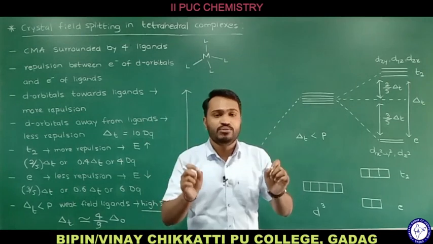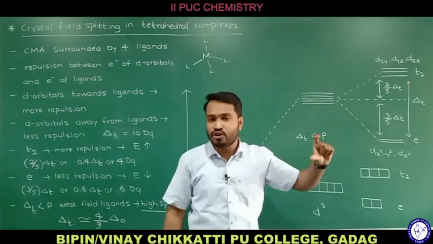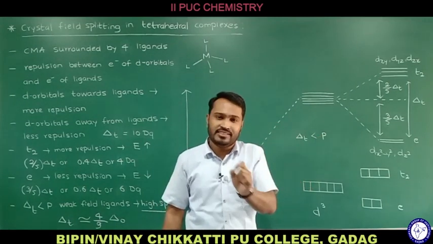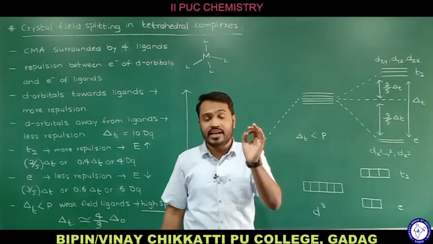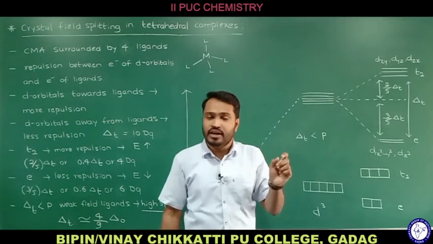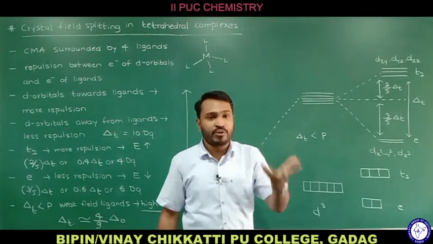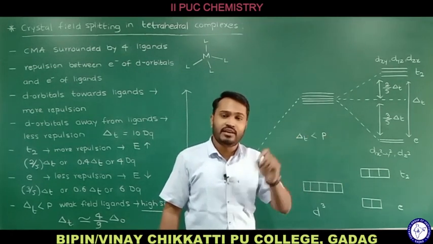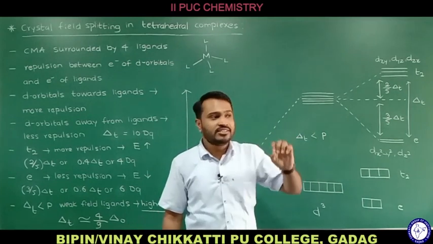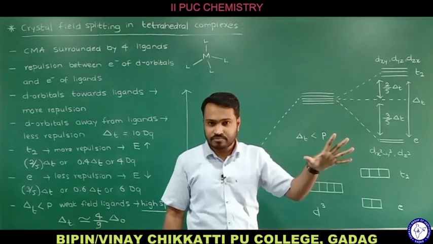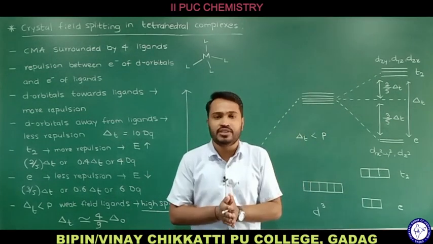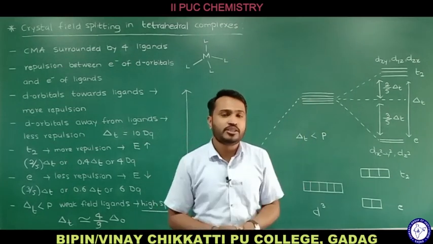Remember, in t2g we have a set of 3 atomic orbitals, dxy, dyz and dzx, whereas in eg we have only 2, dx square minus y square and dz square. Depending upon that, we draw the energy level diagram. And what is the change in energy? The difference between these 2 energy levels we call the crystal field splitting energy.